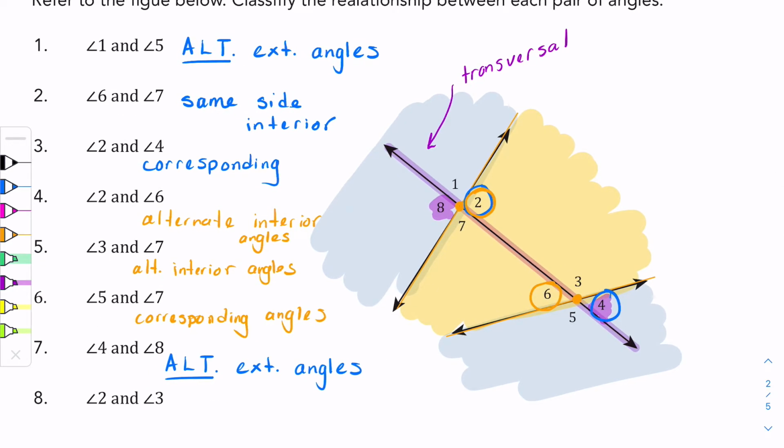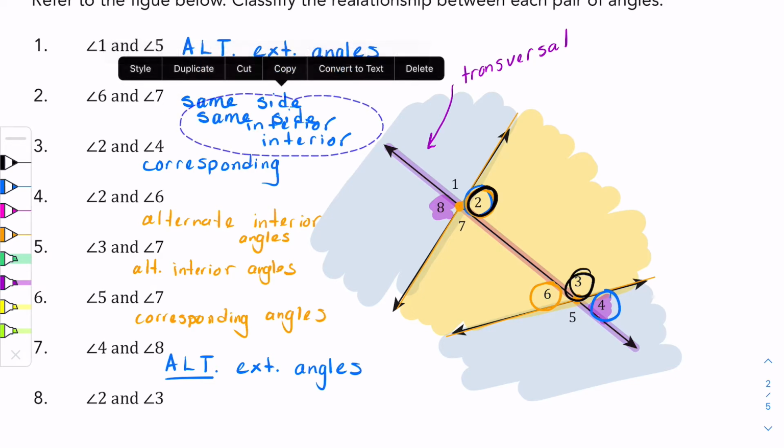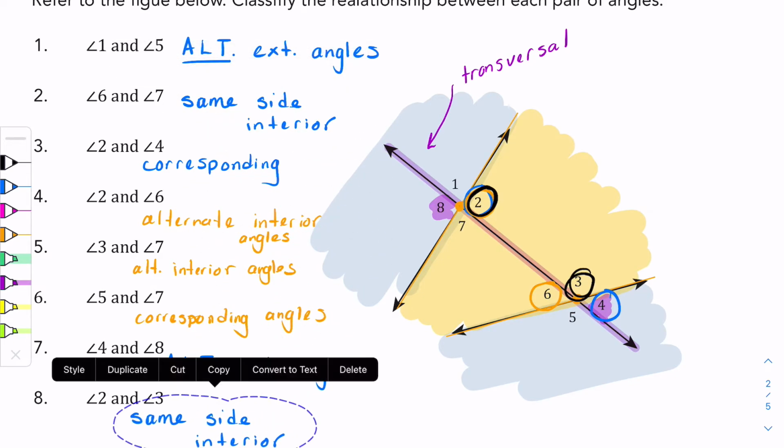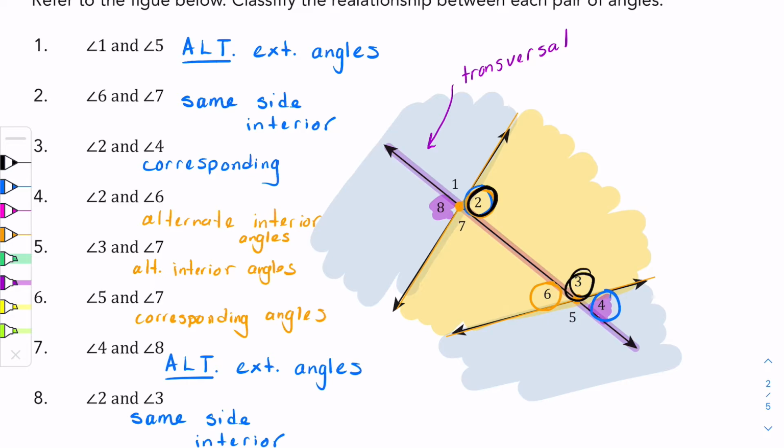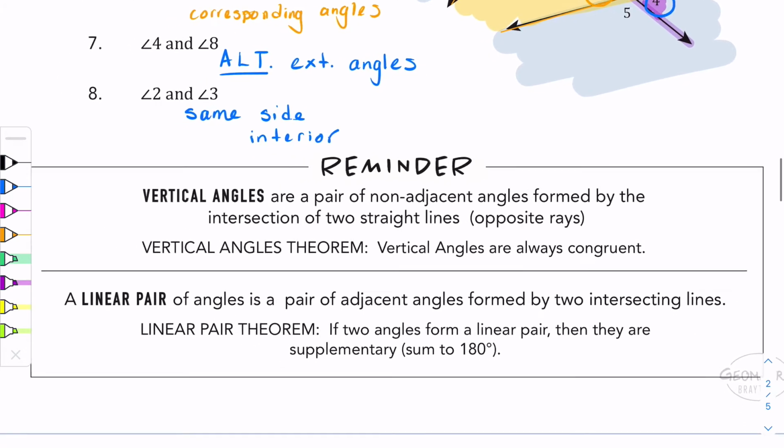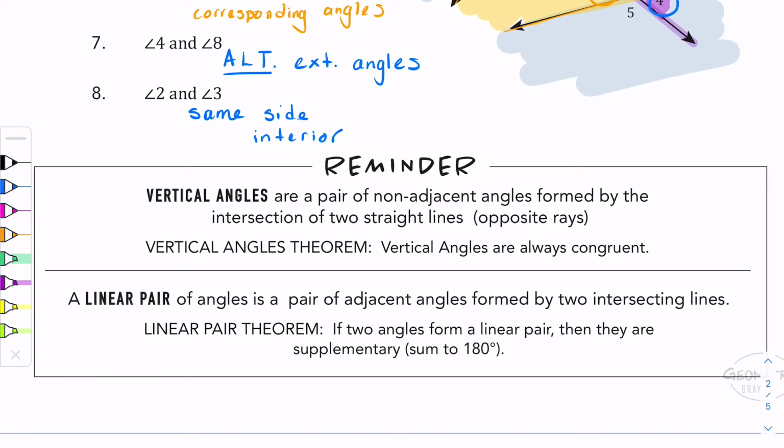And lastly, we have angle 2 and angle 3. Angle 2 and angle 3 are on the same side of the transversal. They are also both within the orange shaded region, so those would be same side interior angles. Quick reminder from one of the last lessons.